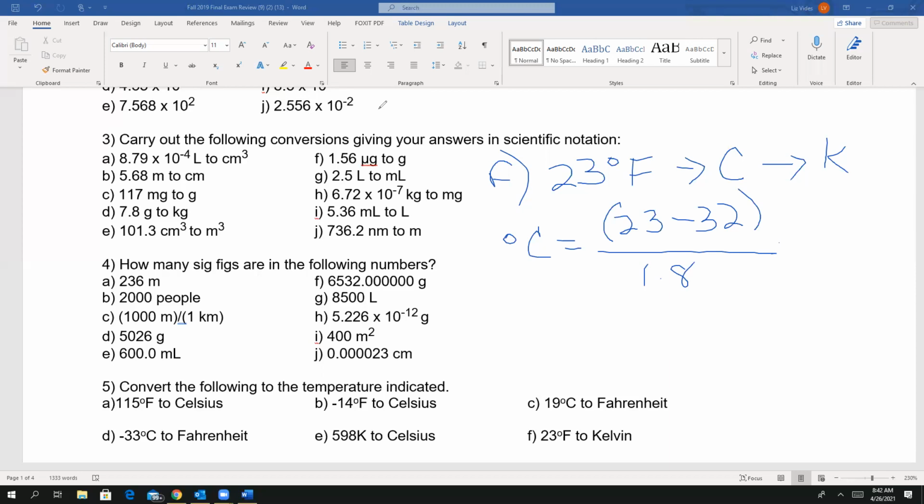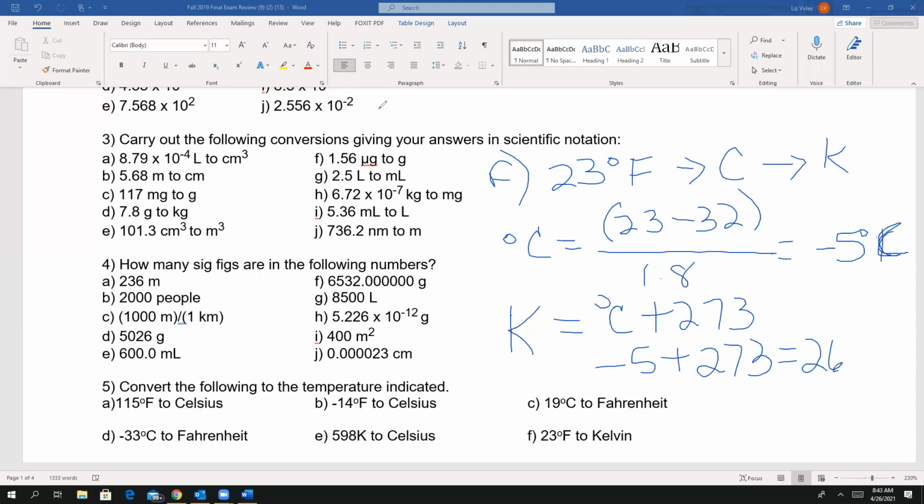That is negative 5 degrees Celsius. All right, now we can do the Kelvin formula, which you take the Celsius and you add 273. So in this case, it's going to be negative 5 plus 273. It's going to be 268 Kelvin. Okay, there you are.